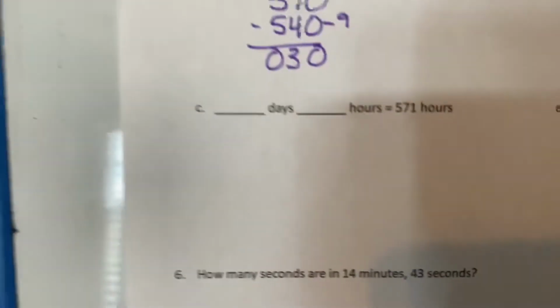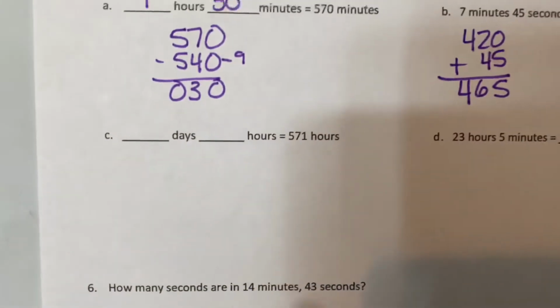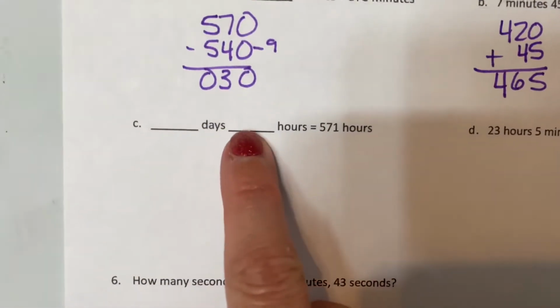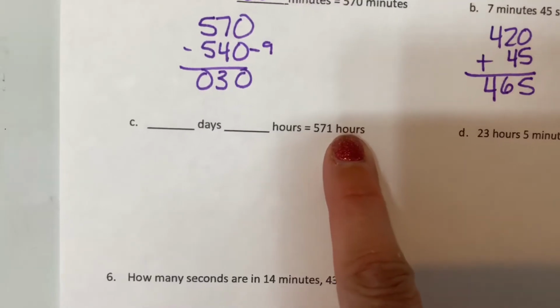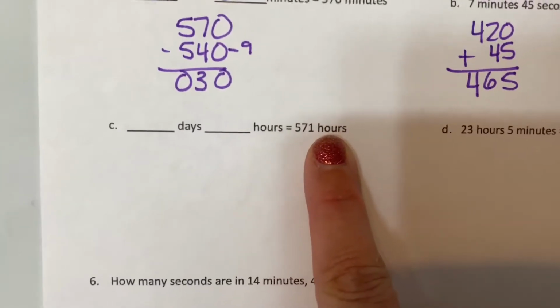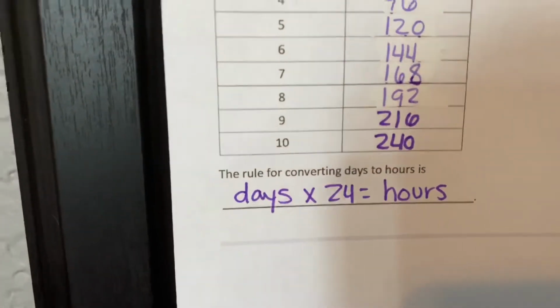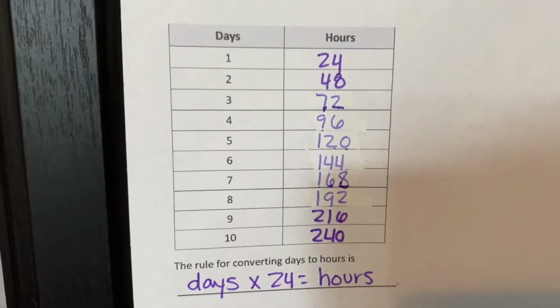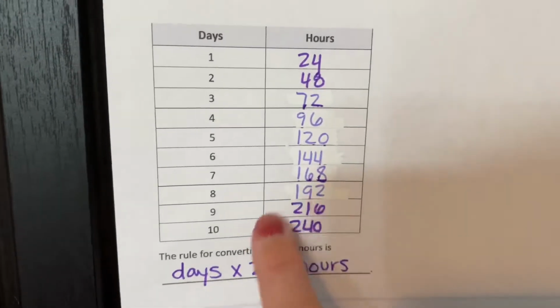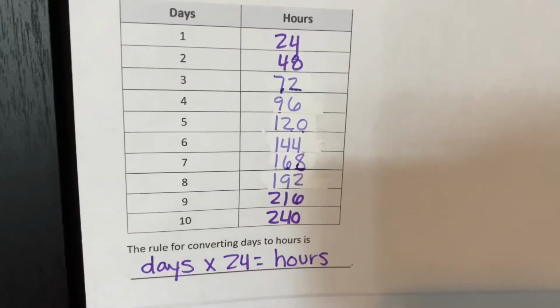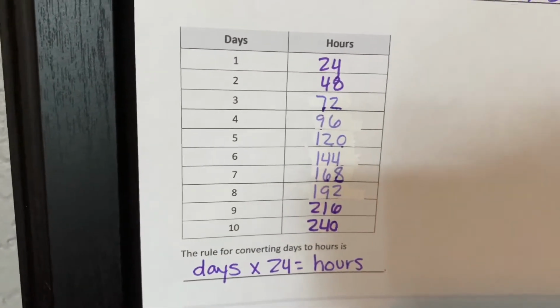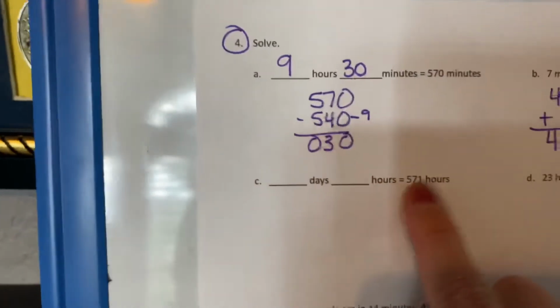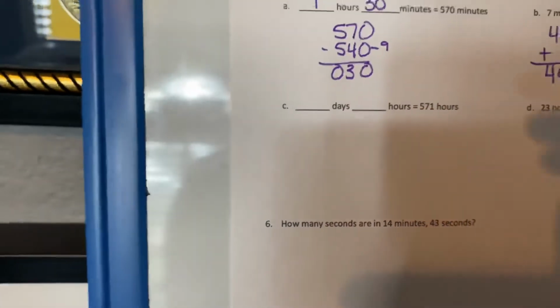When I move on to the next one, I see now that I have days and hours, and it tells me how many hours I have right here. So when I look at that, I'm going to come up here, and I know that I have 571 hours and I'm trying to figure out how many days. And of course, the chart only goes up to 240. But if I take that 240 and I double it, let's see how close that gets me to 571.